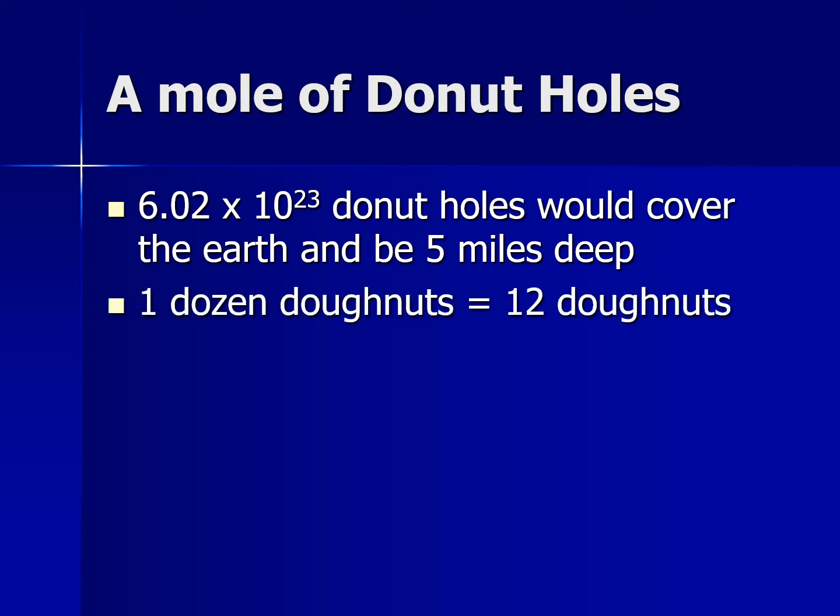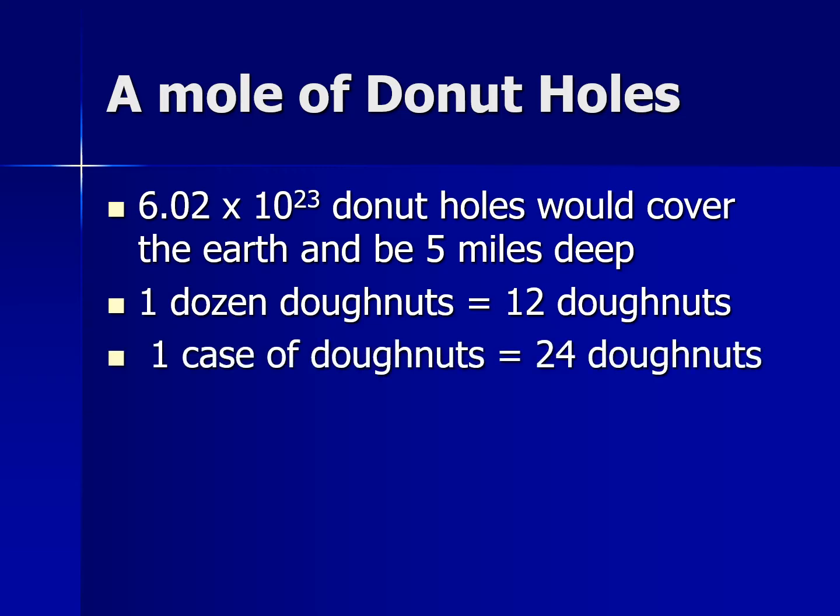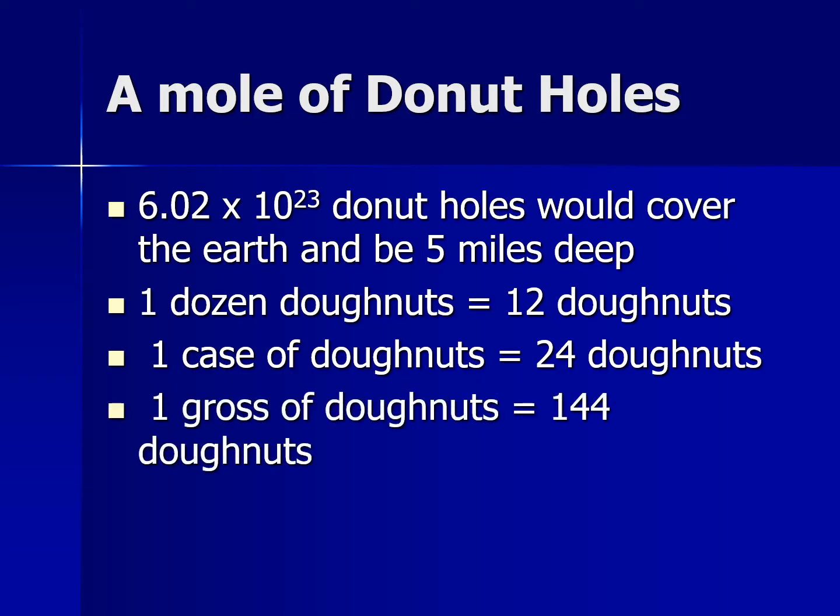So we know that a dozen donut holes is 12 donuts. One case of donuts is 24 donuts. A gross of donuts is 144 donuts. If you didn't know what a gross is, now you do. It's 144.